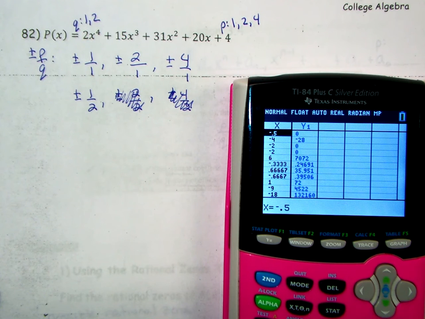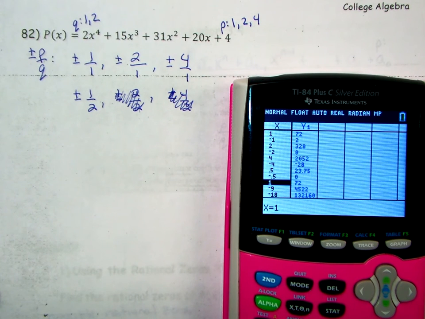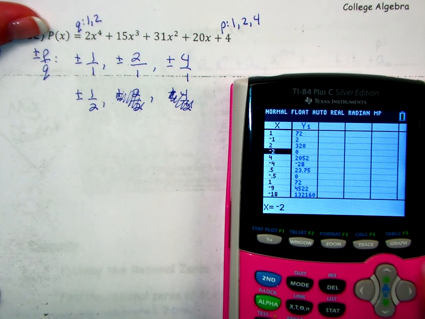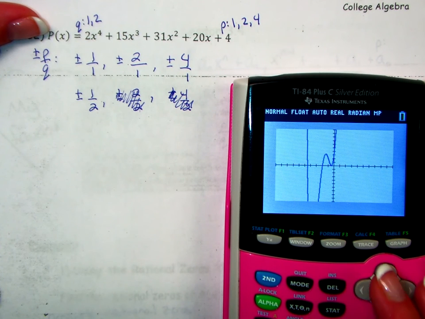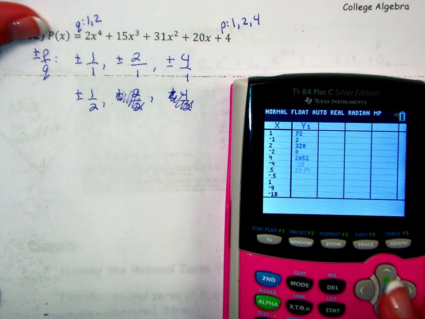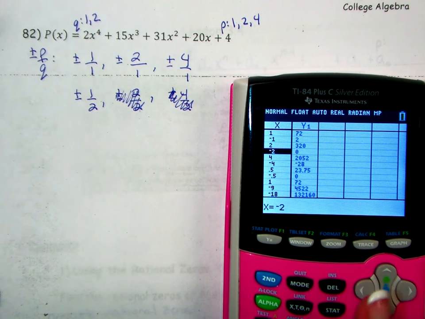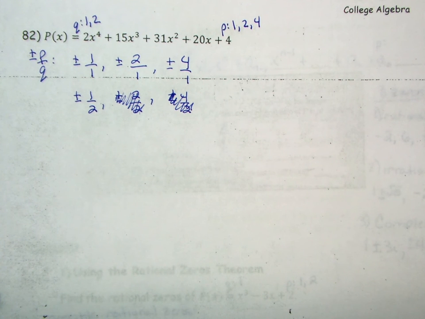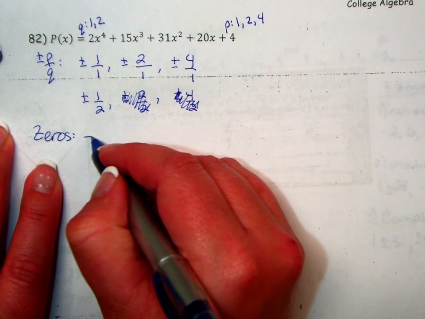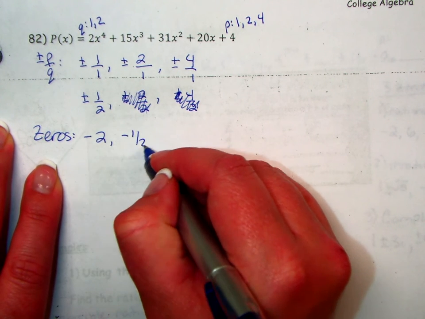All right, bear with me, guys. Alright, I have no alternative here but to write down the zeros that I know for sure and divide them out. -2 and -1/2.